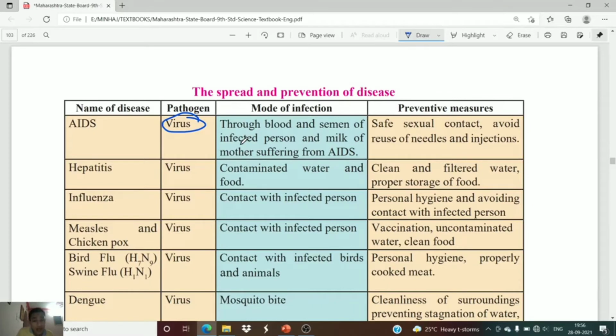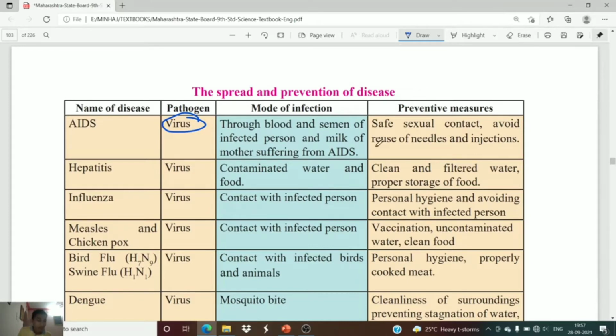So if the offspring is fed on the mother's milk, and the mother is suffering from this particular virus, then the offspring is also going to be infected. How can it be prevented? The preventive measures are: safe sexual contact is needed, and avoid reuse of needles and injections. So if the injections which are used on an HIV infected person, those injections should not be used on any other healthy person.